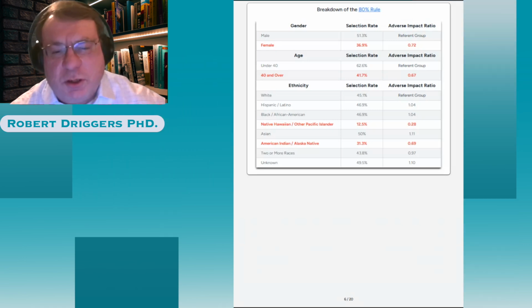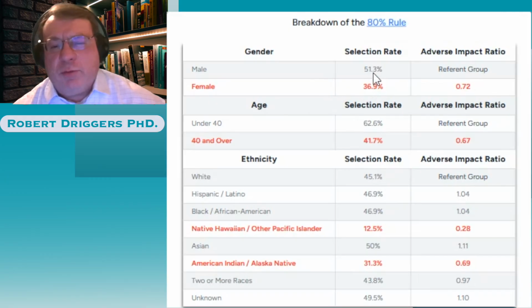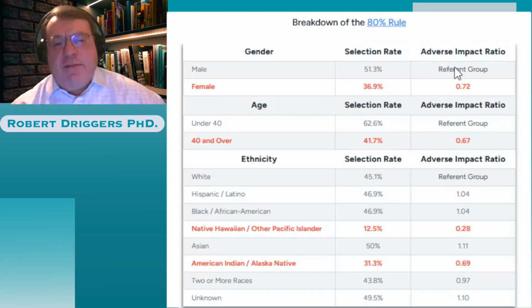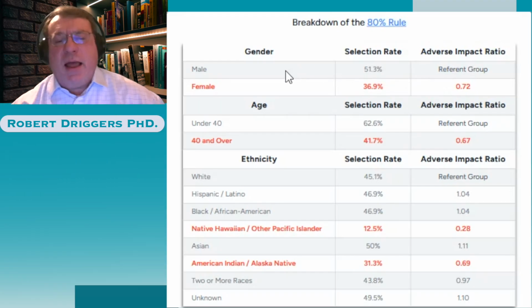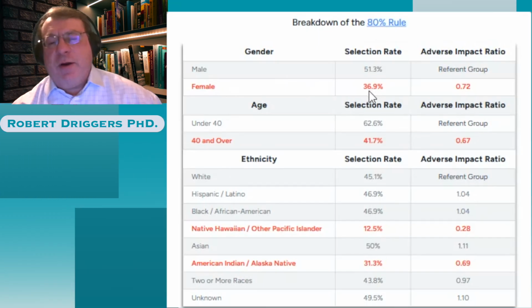In the first example, you can see males have a selection rate of 51.3%. And in this case, males are the reference group. That means that they are not the protected class. Females, on the other hand, are the protected class, and you notice that their pass rate is 36.9%, and it's in red.